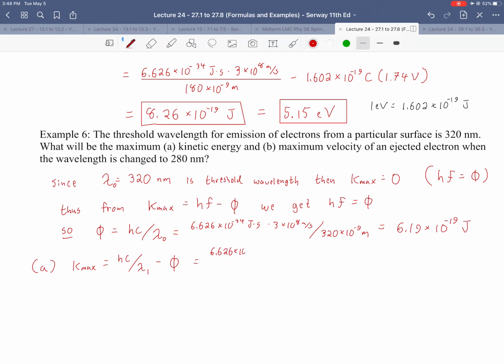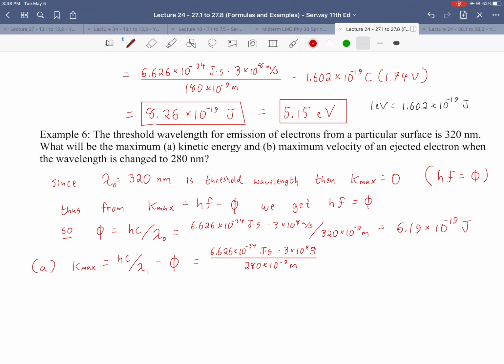Plug in all our numbers, 6.626 times 10 to the negative 34 joule second, speed of light. Now we'll divide by a different value here. And since we're dividing by a smaller number, that's making this first term larger, which is why when we subtract the work function, we're not going to get 0 anymore. We get a positive term.